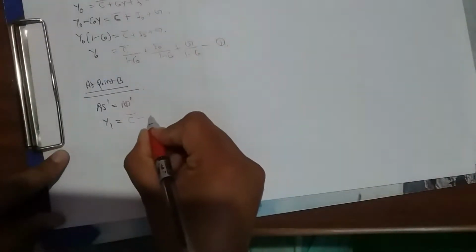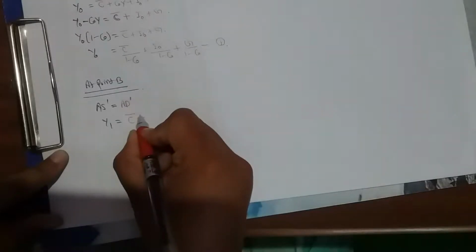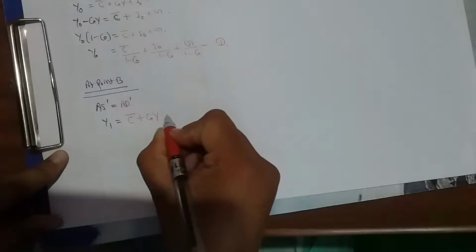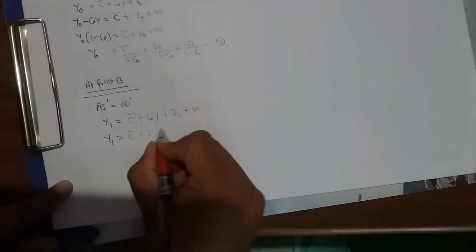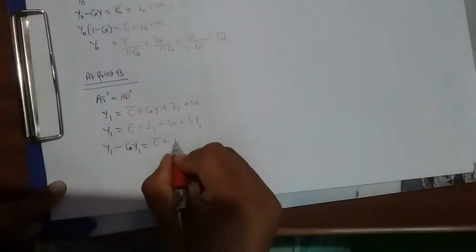Put the value: y1 is equal to C bar plus c naught y1 plus I1 plus G, right? y1 minus c naught y1 is equal to C bar plus I1 plus G. Common y1 times 1 minus c naught equals C bar plus I1 plus G, right?